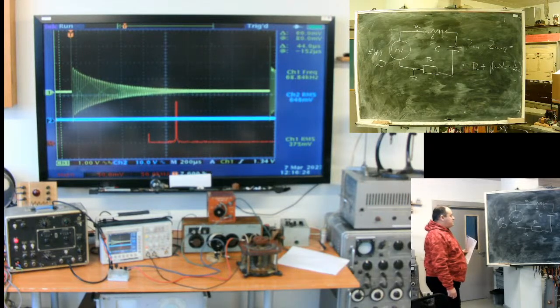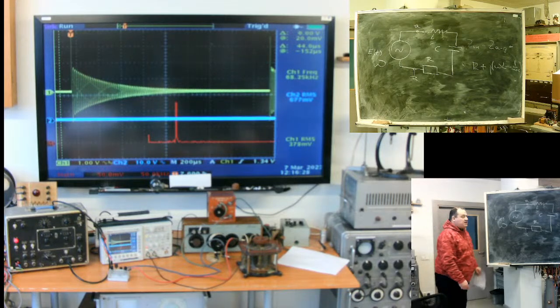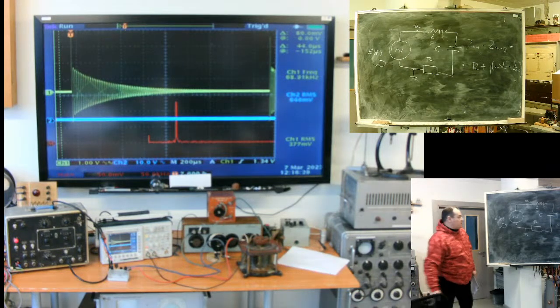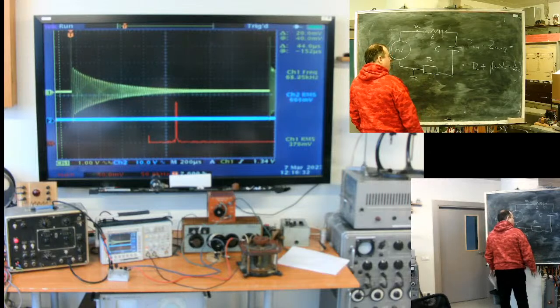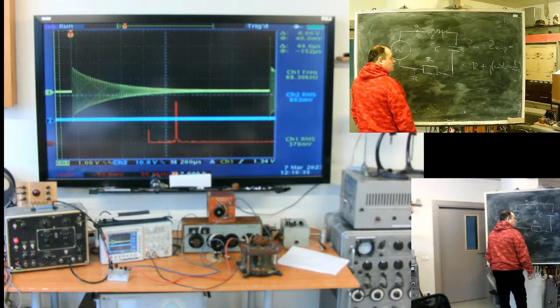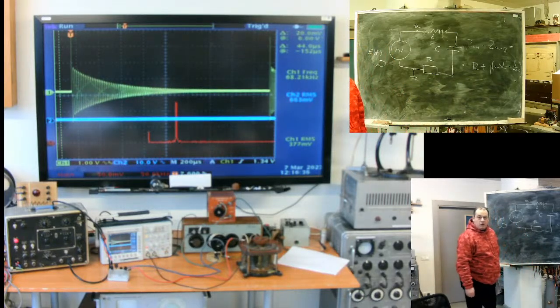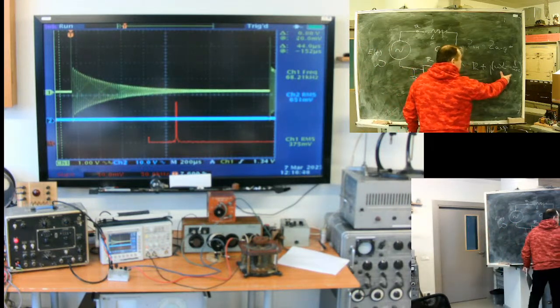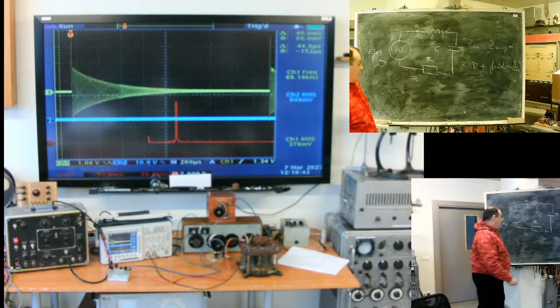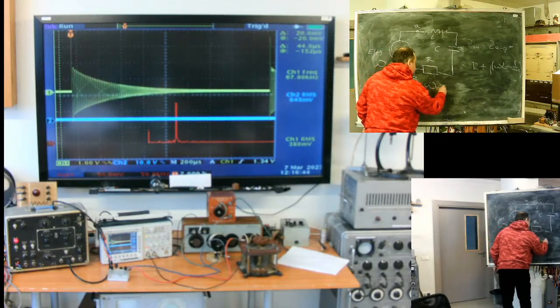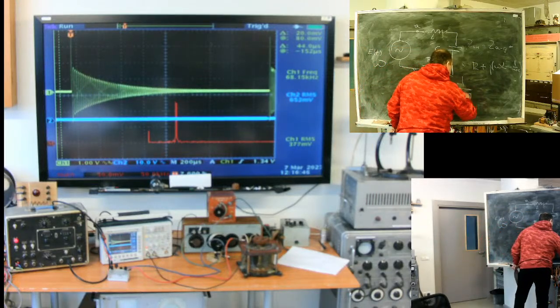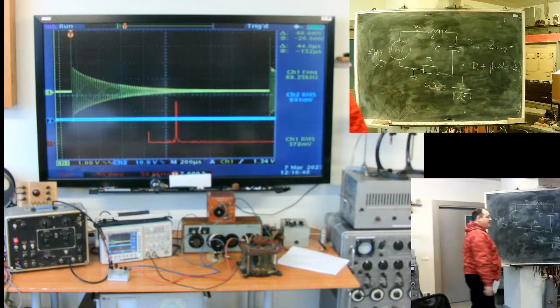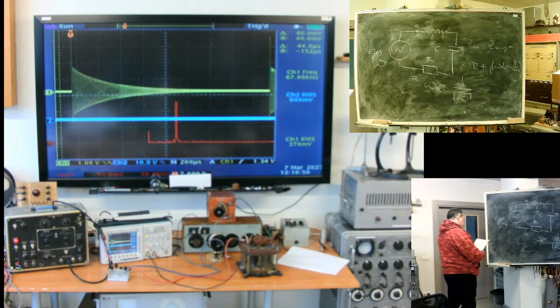Depending on frequency, it may be capacitive or inductive, but at one particular frequency, we will see what? Zero in the imaginary part. This term will become 0. At a frequency of 1 divided by the square root of LC, it's the frequency of resonance.